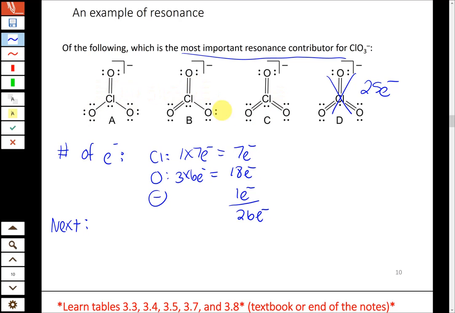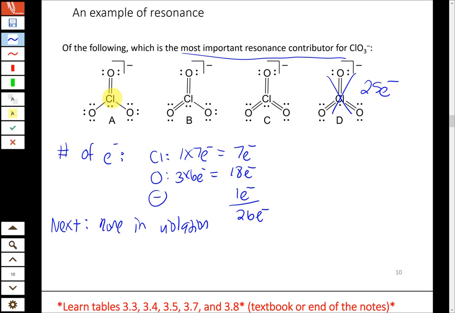This one has more than 8, but with chlorine we're able to expand the octet. So none of these are in strict violation of the octet rule, at least not in a way that would cause us to eliminate the structure. If any of the structures had fewer than 8 electrons on the central atom, we could eliminate it, because you're never going to have a valid structure with fewer than 8 electrons, except for those rare exceptions.